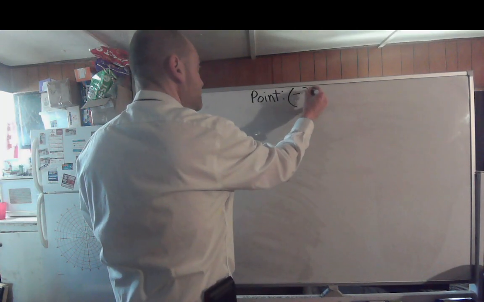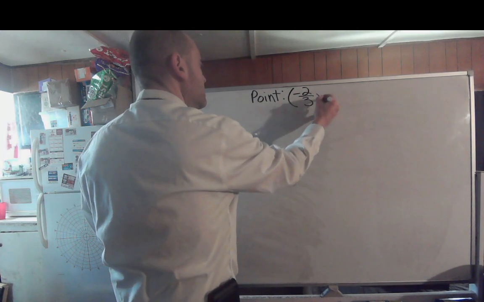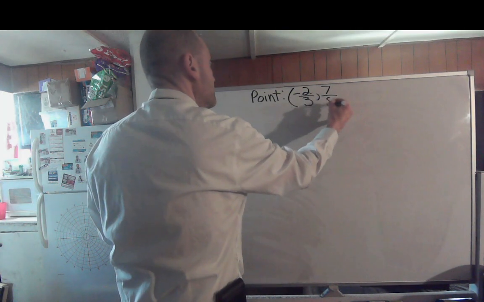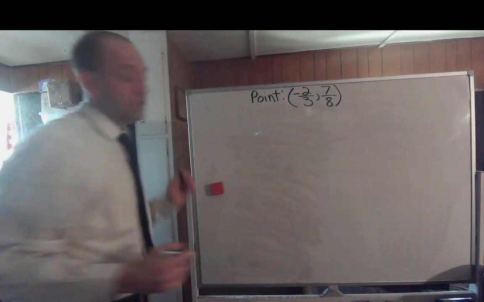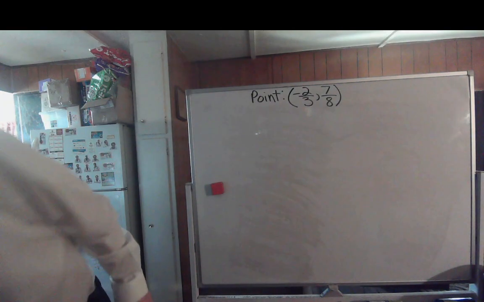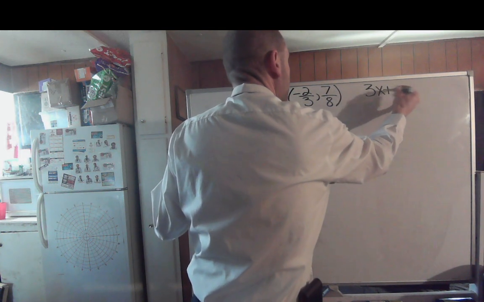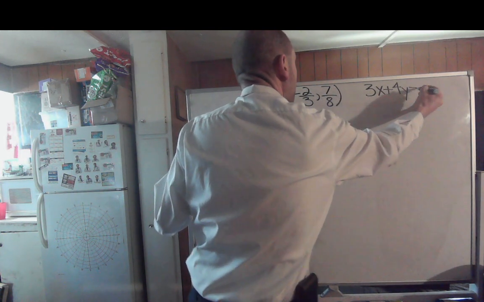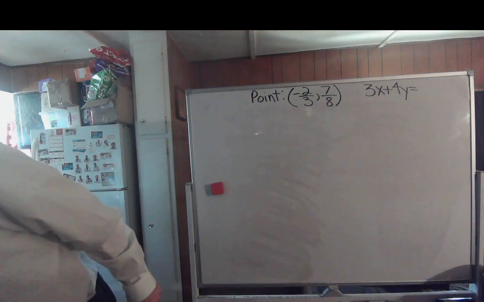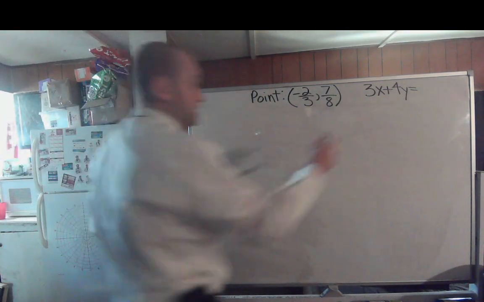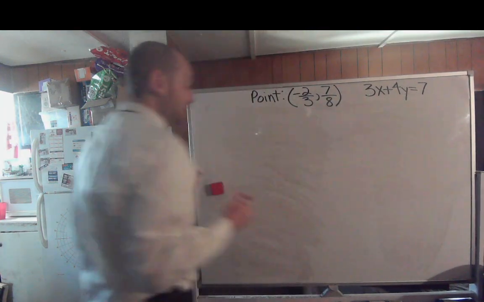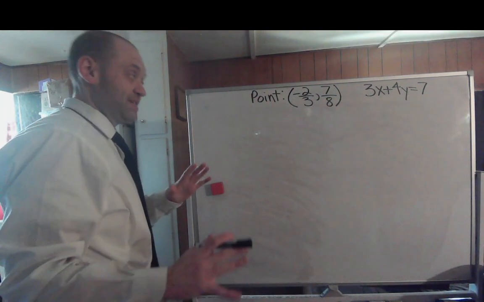The point negative 2/3, 7/8. And then it's outside the line 3x plus 4y is equal to 7. Alright, so we have a little bit of a doozy.